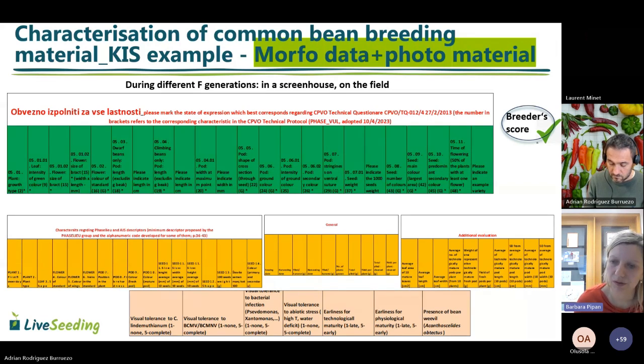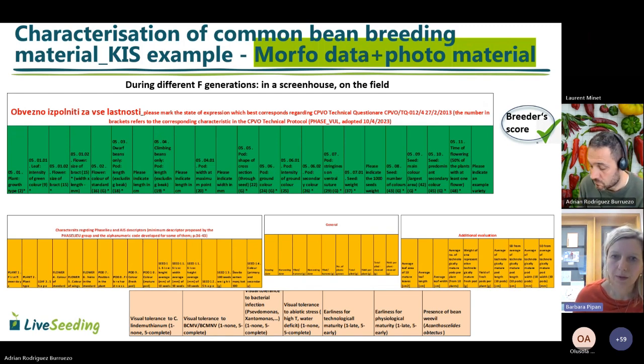Of course, the characterization and evaluation is done in more detail in the F5 or F6 generation, when we reach the desired level of stability and uniformity of the population of the same breeding line, because this is, as we heard before, required for the DUS testing.